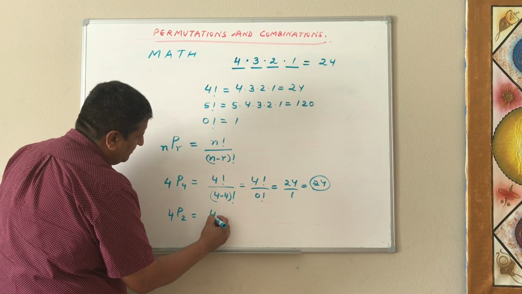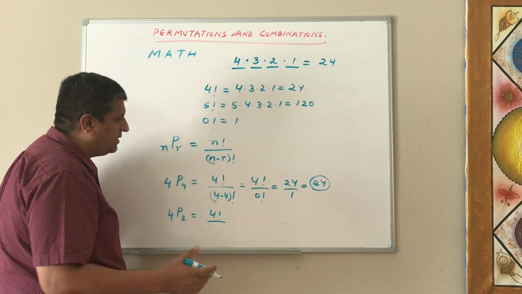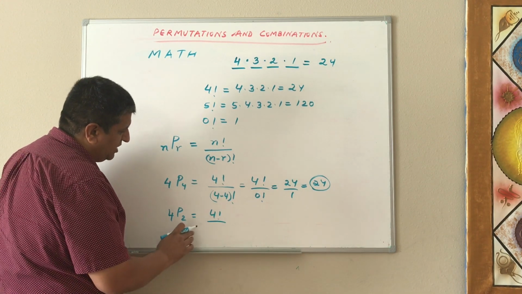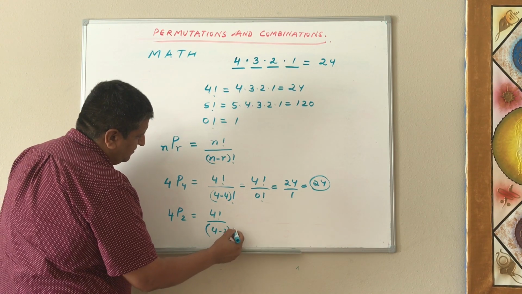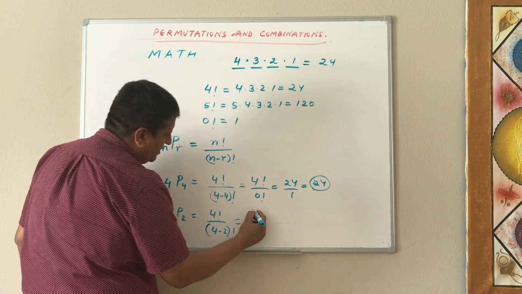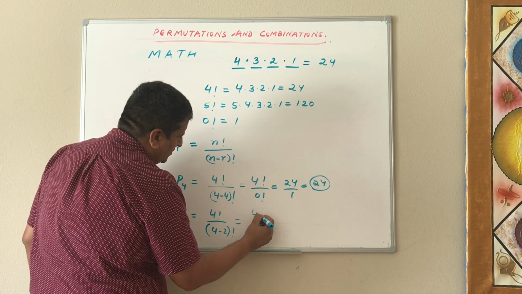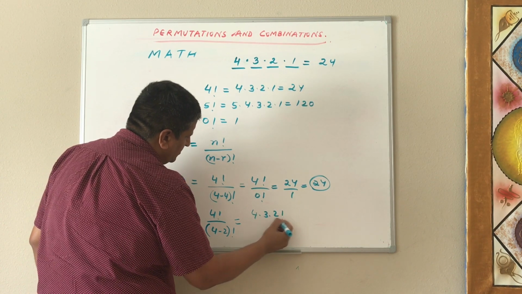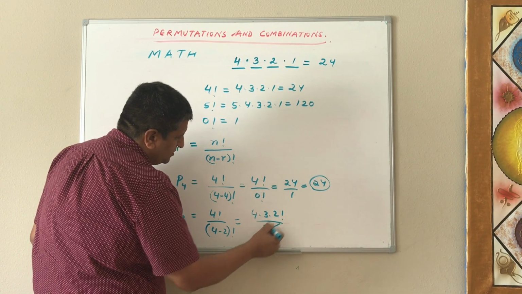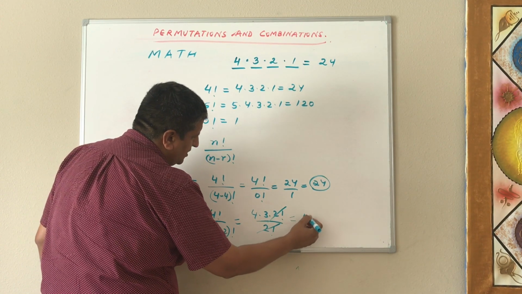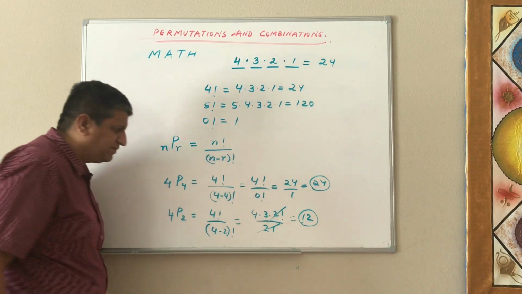So I'll say 4 factorial divided by the arrangements that I do not need, which is 4 minus 2 factorial. You can write it like this: 4 times 3 times 2 factorial over 4 minus 2, which is 2 factorial. This 2 factorial cancels, and there are 12 such possibilities.